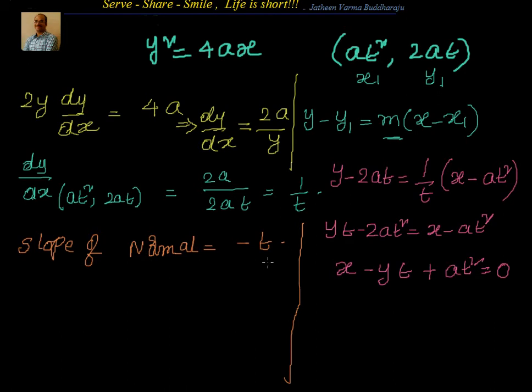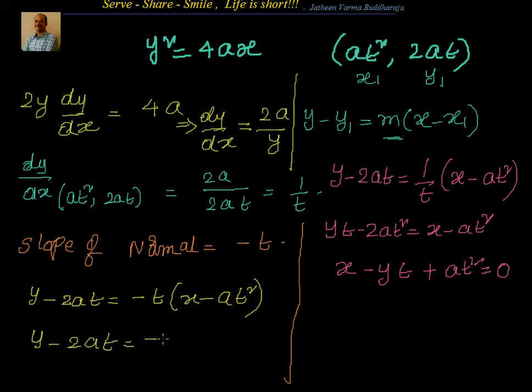If we know the slope of the normal and we know the point, we can again go back to the formula y minus y1 equal to m into x minus x1. So I can say y minus 2at equal to minus t into x minus at square. If we simplify, we will have y minus 2at equal to minus xt plus at cube.